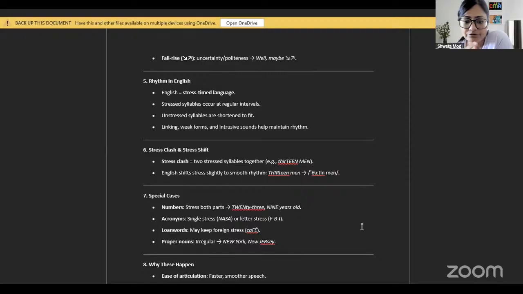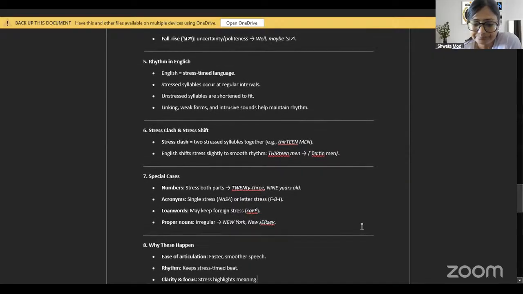When you are reading, stress the capital letters, as I've already told you. So for numbers, you have to stress; then you have acronyms, NASA; loan words, cafe, with the foreign stress; and proper nouns, New York, New Jersey.